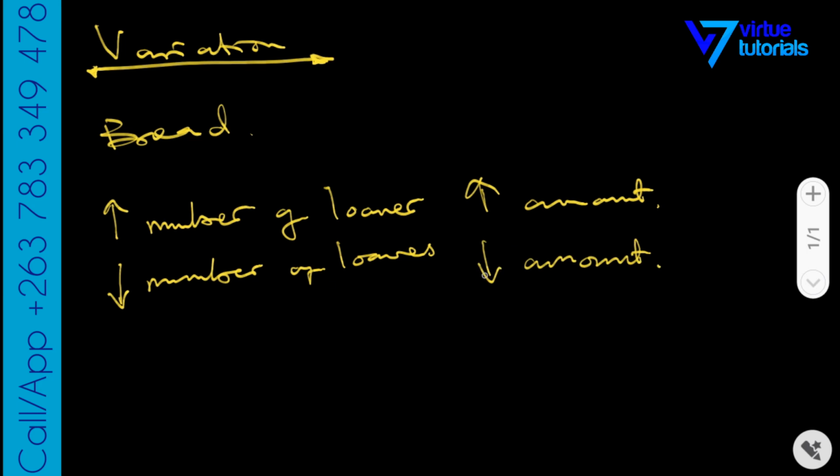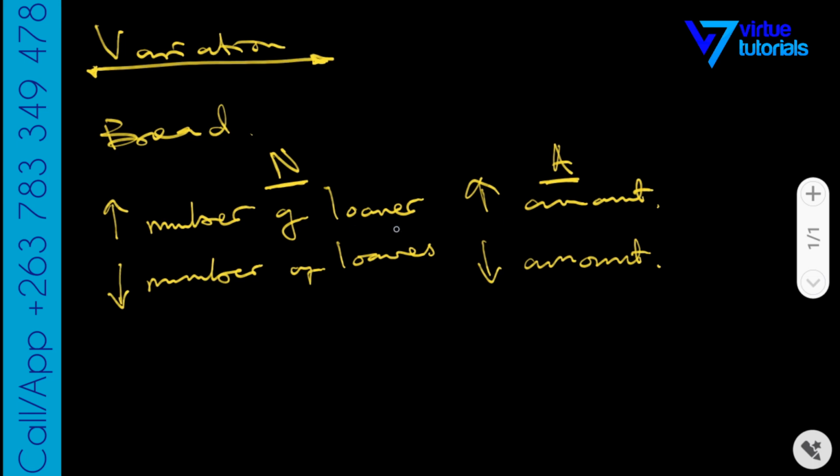So what are we seeing here? There's a relationship between our number of loaves, which I'm going to call n, and the amount that you have to pay, which I'm going to call a, such that if I increase n, a also increases. If I decrease n, a also decreases, right?